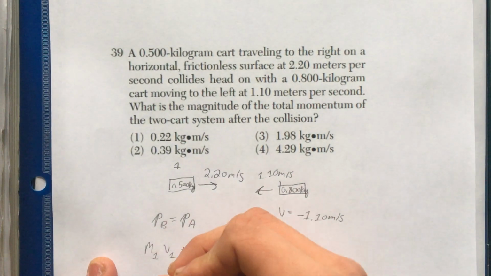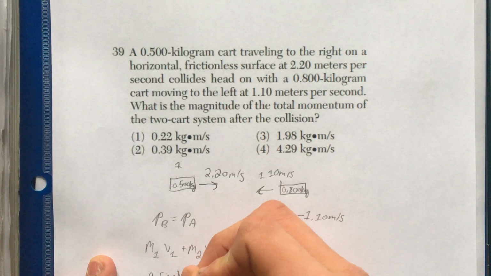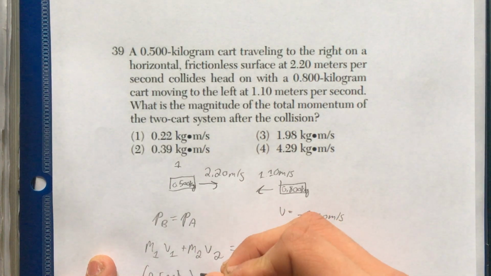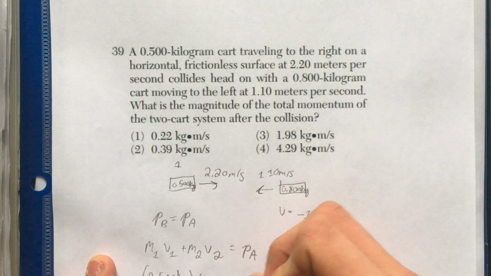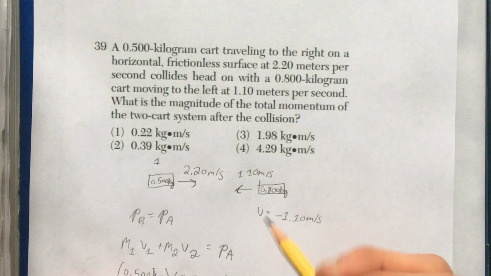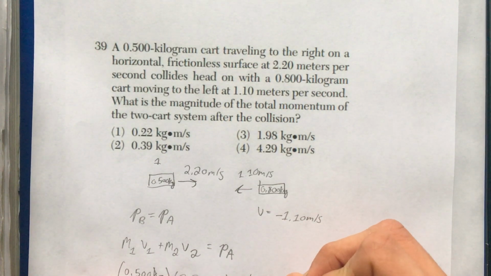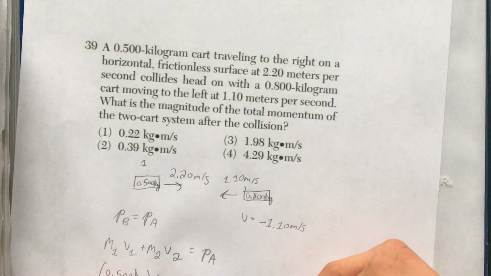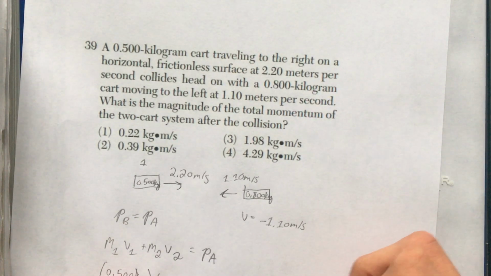So the mass of cart 1 is 0.500 kilograms, and the velocity is 2.20 meters per second. Then we add that to the mass times the velocity of the second cart, which is 0.800 kilograms times negative 1.10 meters per second.